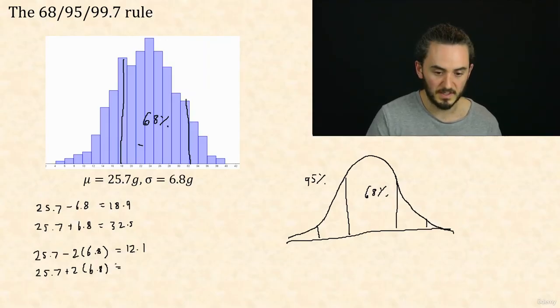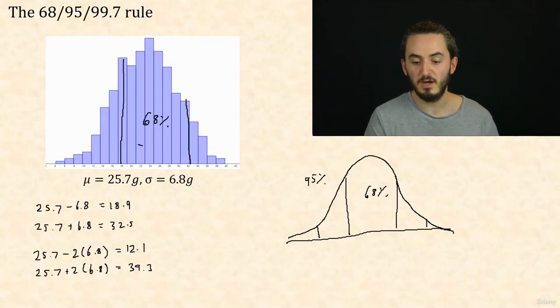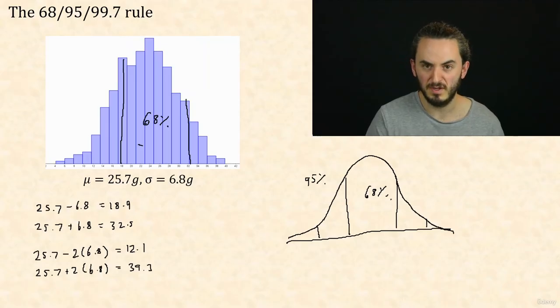Takes me up to 39.3. So what my students discover is that 95% of the data is between 12.1 and 39.3. In the case of the line drawing, I can't remember what the results are, but 95% of the data is within two standard deviations of the mean.